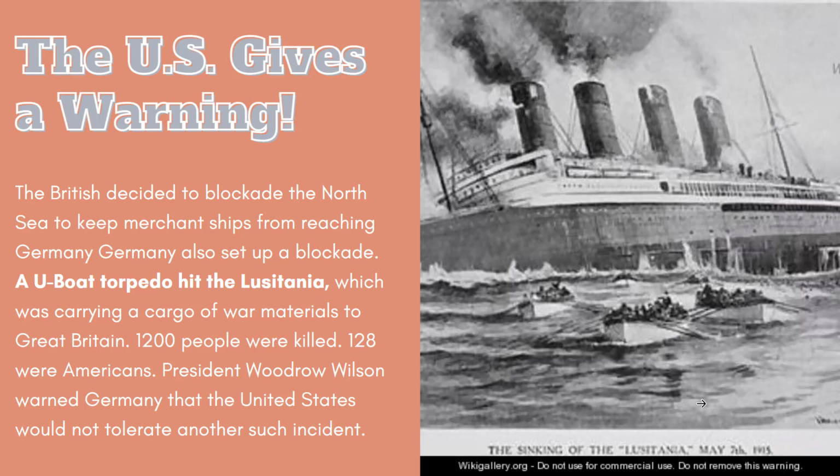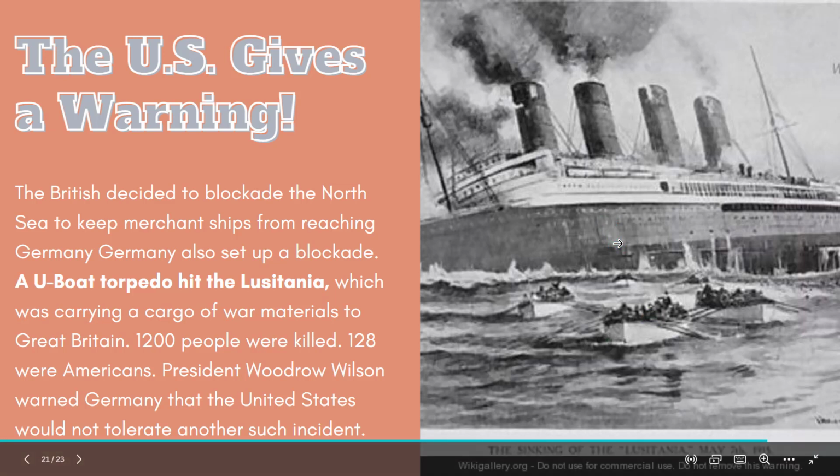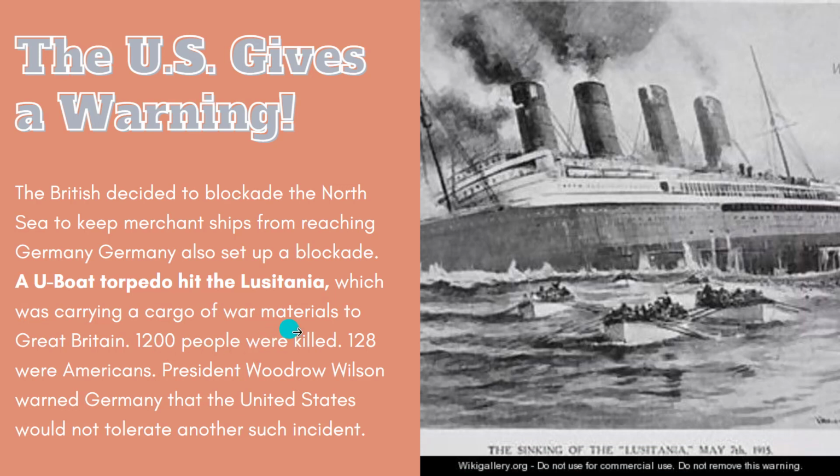However, the United States on the side was sending more materials to Great Britain. Germany decided to send a U-boat with a torpedo and hit a boat called the Lusitania. It was carrying a cargo of war materials to Great Britain, but it was also a cruise ship.